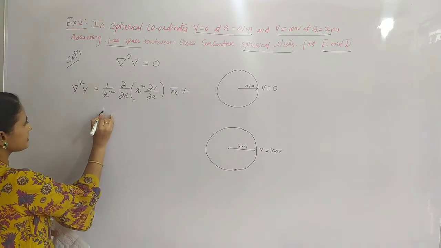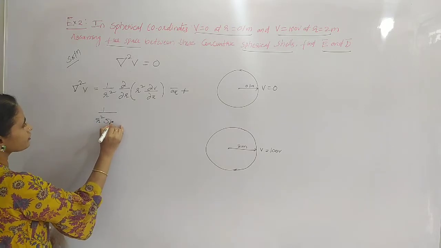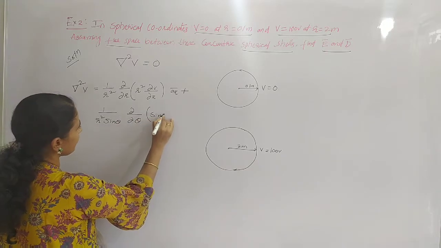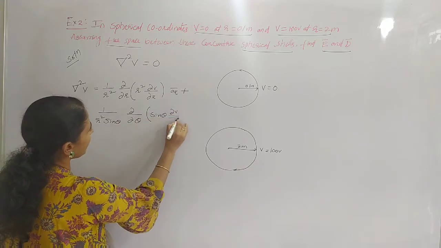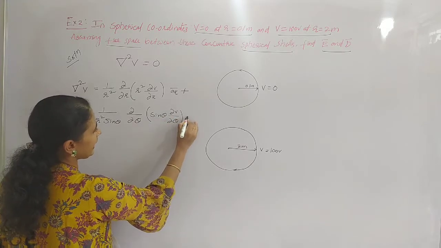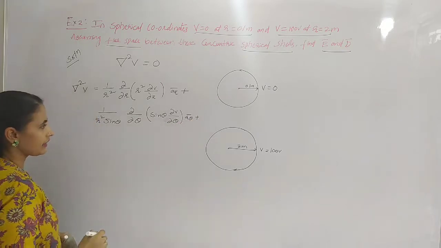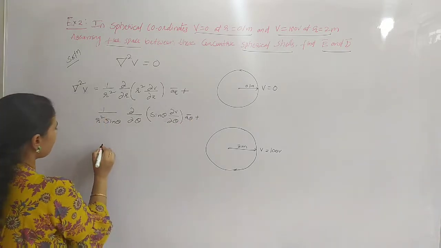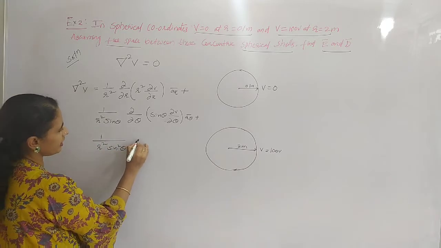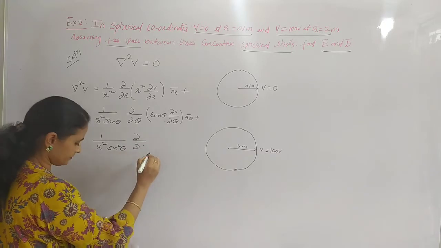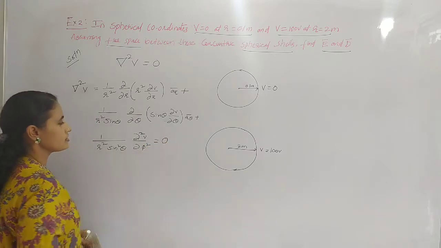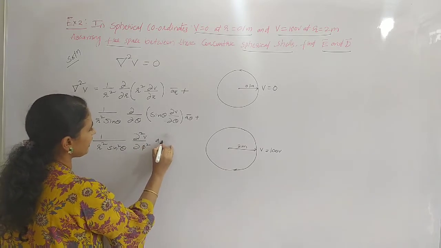The second term is 1 by r square sin theta dou by dou theta of sin theta into dou V by dou theta into a theta, and there is one more term of phi, which is 1 by r square sin square theta dou square V by dou phi square into a phi.